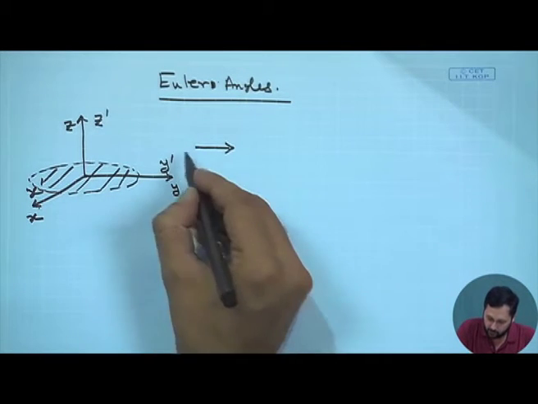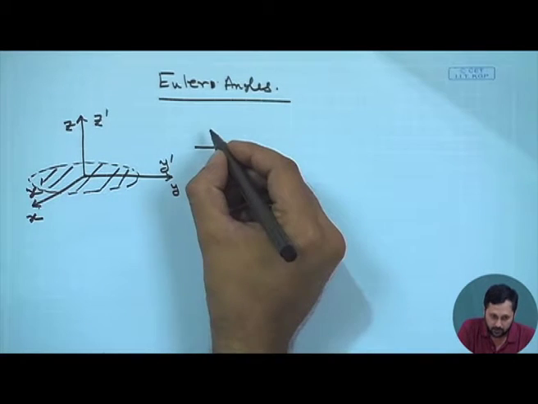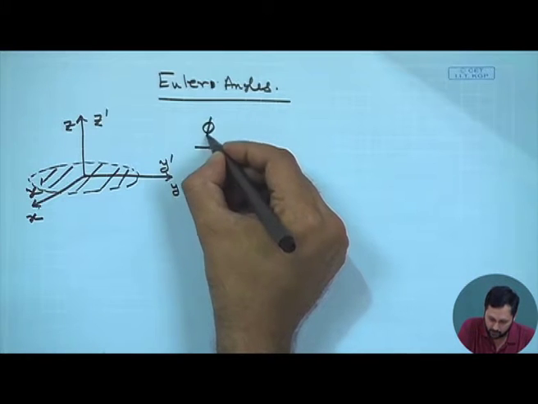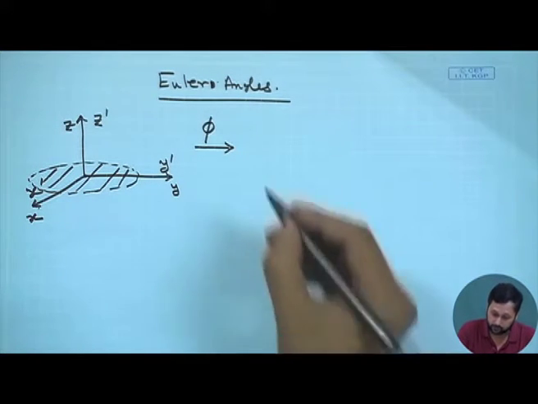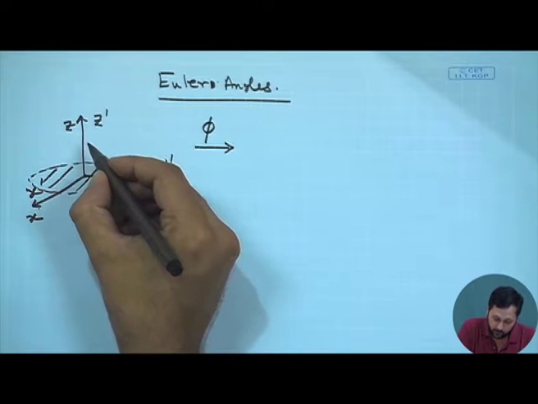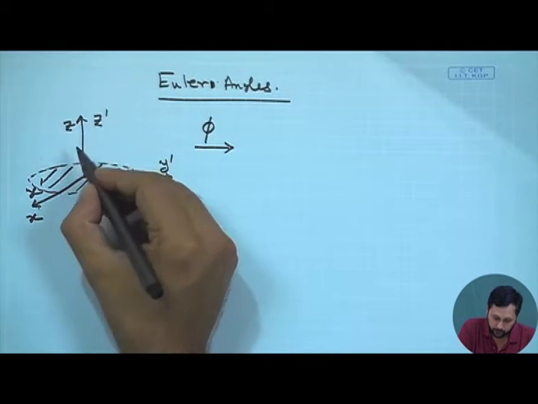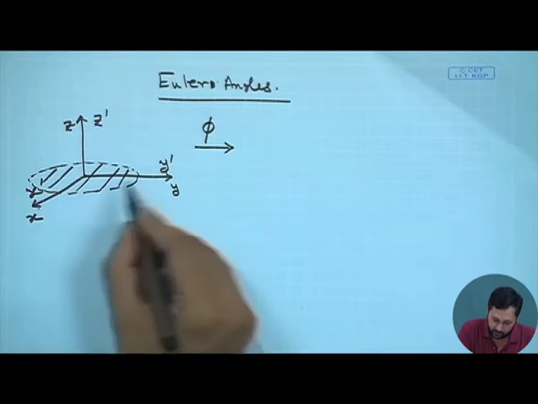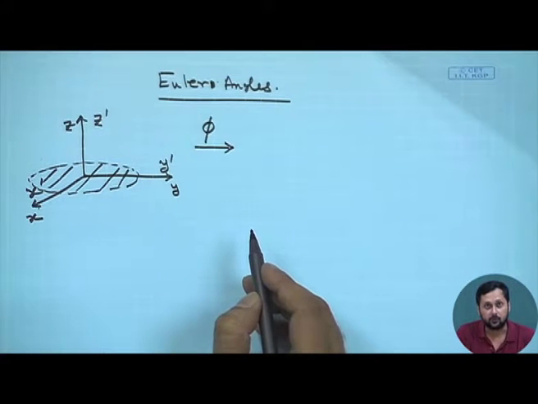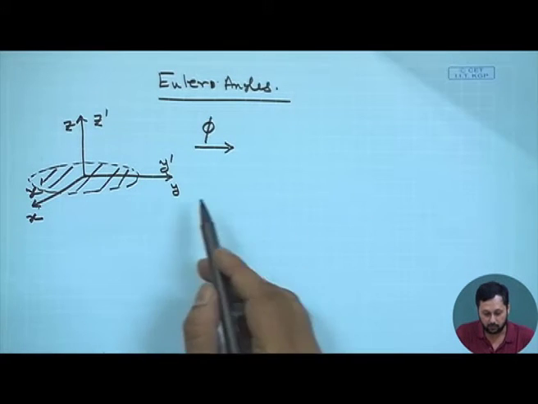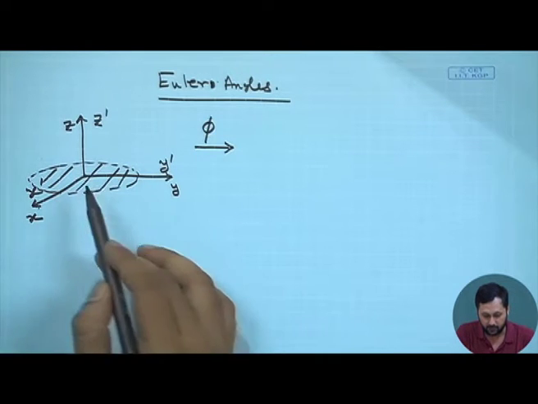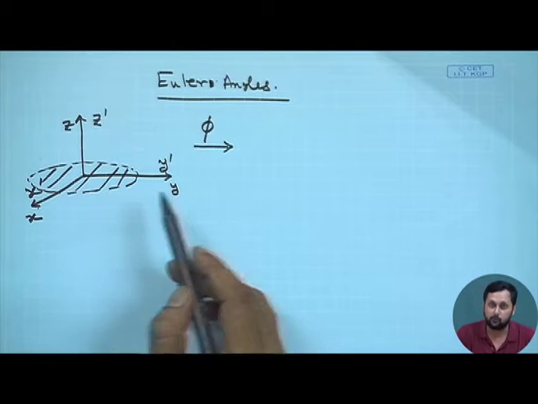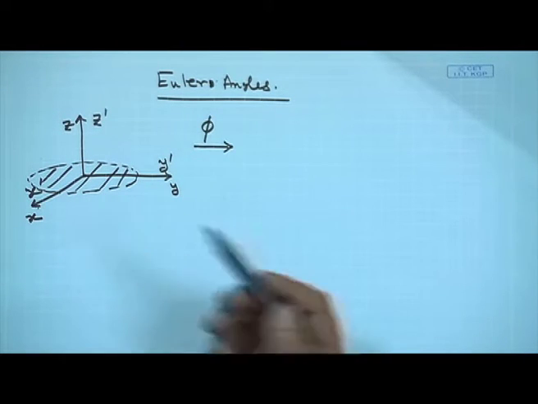Now, as we move on, the first rotation we get, we call it the phi rotation. What is this phi rotation? Please understand this: x prime, y prime and z prime are fixed frames, so whatever we do, these are not moving. When we move the object, the x, y, z axes will be moving.